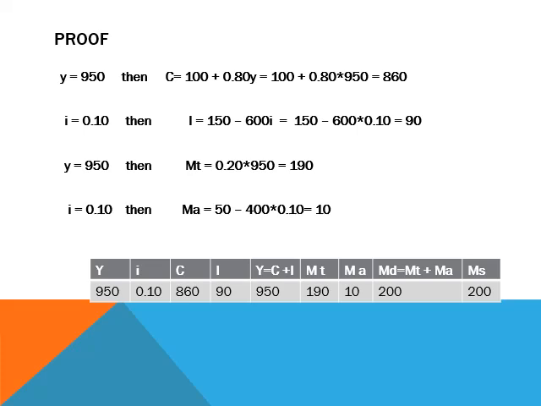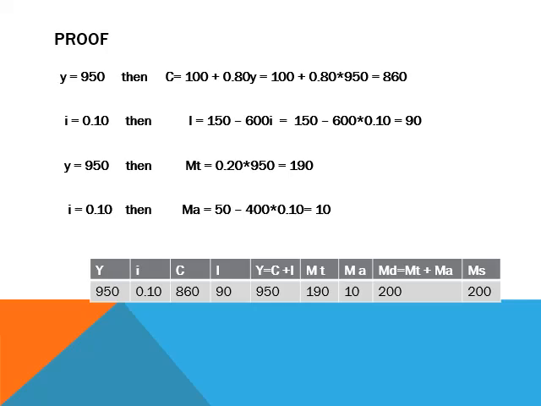So MD equals 200, equal to MS, which is 200. So the combination of interest rate and income is the combination that makes equilibrium in both the market of money and the market of goods and services.